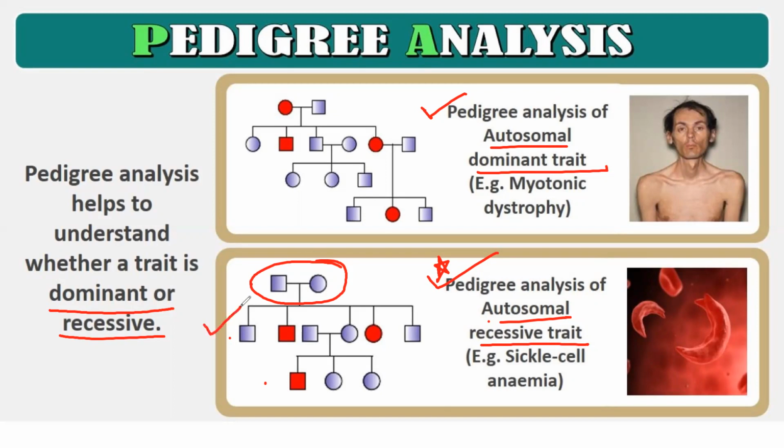But in the second generation, there are two individuals, one male and one female child, that are affected. How can it be possible? It is only possible if the parents are carriers. That means the gene is recessive, the gene is hidden in them. So this is how we can identify the recessive and the dominant.